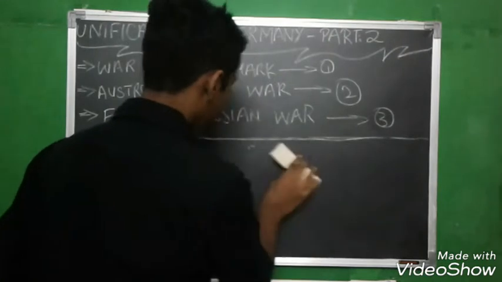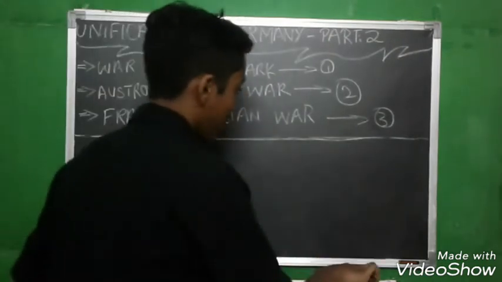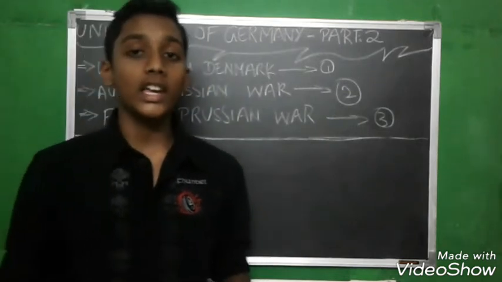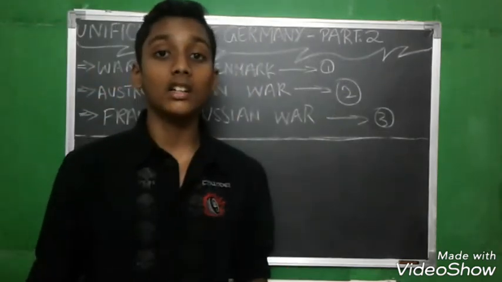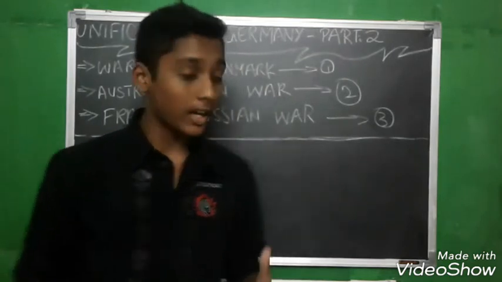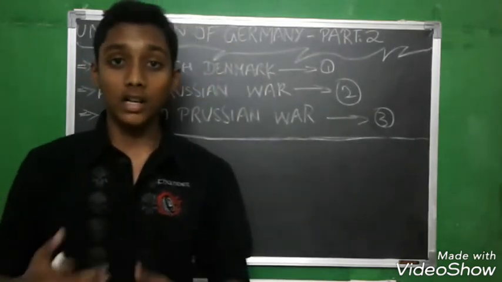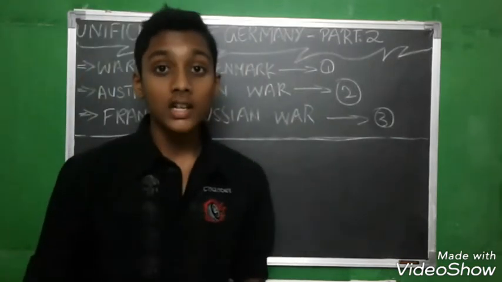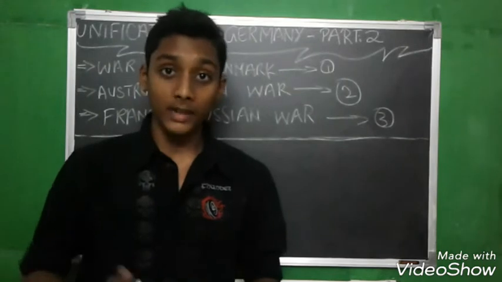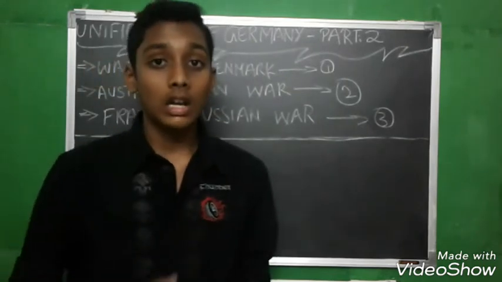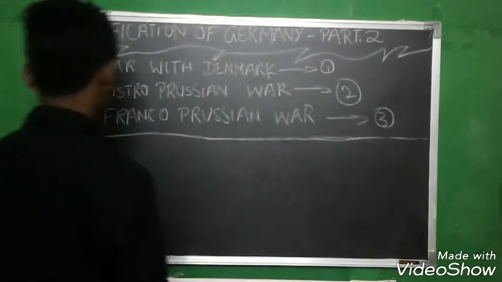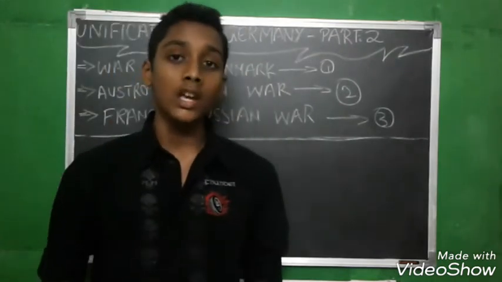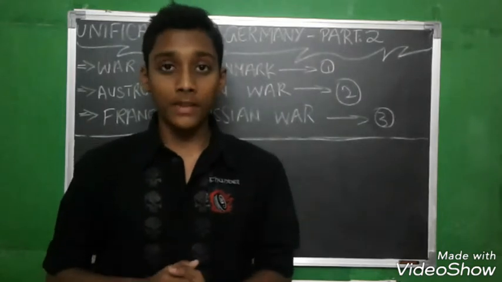Bismarck had promised the king of France that if Austria lost, he would increase the reign of France. As Austria lost, the king of France wanted the promise to be fulfilled, but Bismarck broke the promise because he was really cunning. So the king of France found his position weakened.